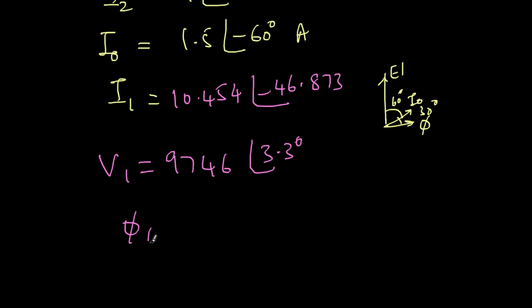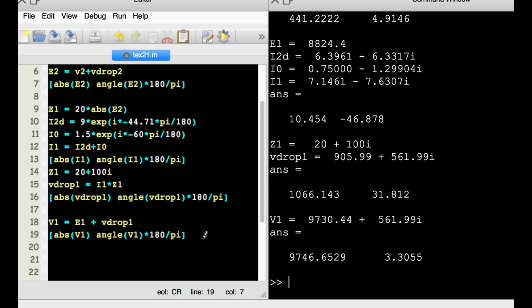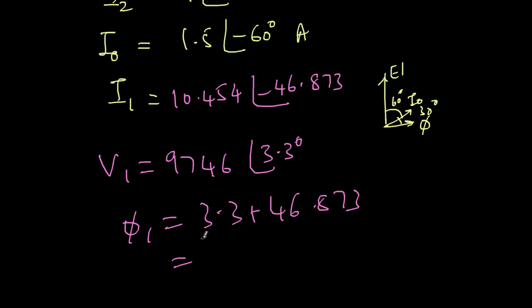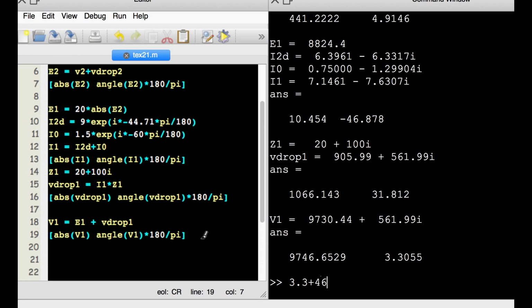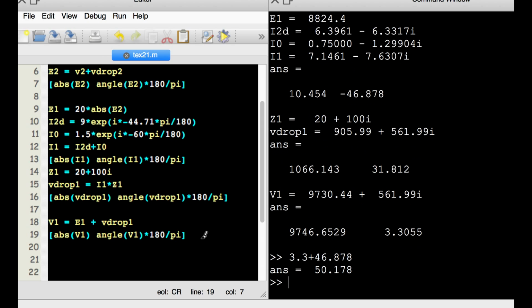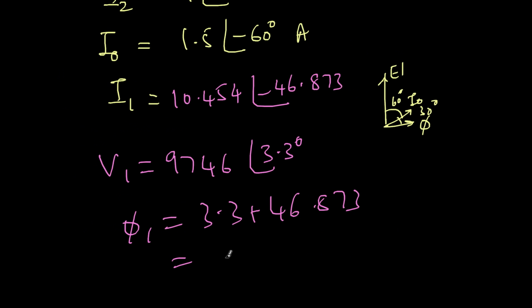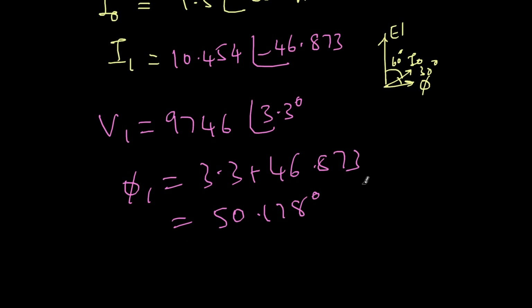So phi 1 is nothing but 3.3 plus 46.873. So let's do that. So 50.178 degrees.